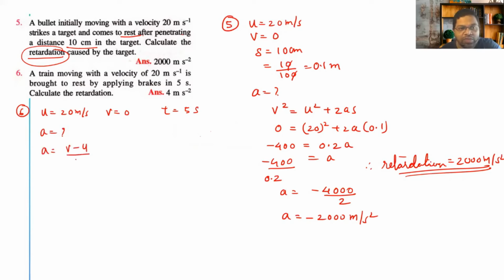So a is v minus u upon t, that will be 0 minus 20 upon 5. That will be minus 4 meter per second square. And they are talking about retardation, so that will be 4 meter per second square.